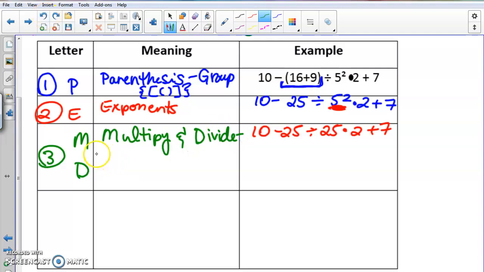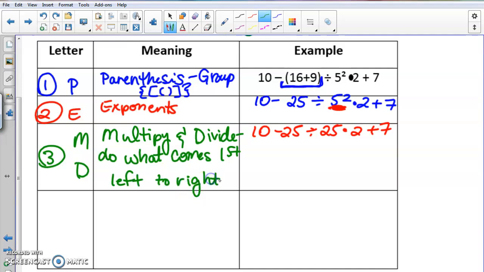So do what comes first. Left to right. So the same way you read a book. So if you look at this example from left to right, we have a division symbol and multiplication. But because the division symbol's first, left to right, we're going to do that first.